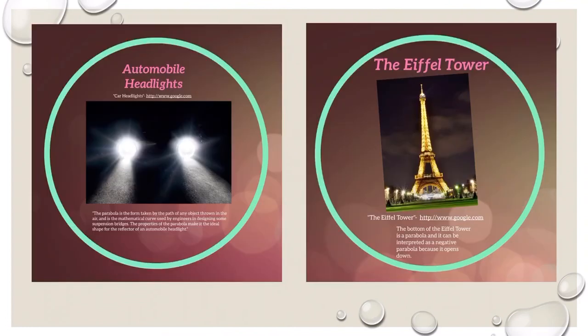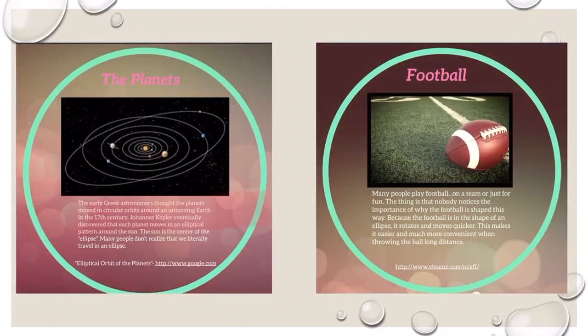Let's see, for example, here in this figure, the light beam, the Eiffel Tower, for example, the base of it is built as a parabola. The planets' orbits are ellipses.